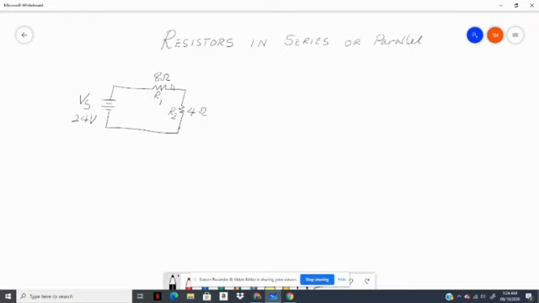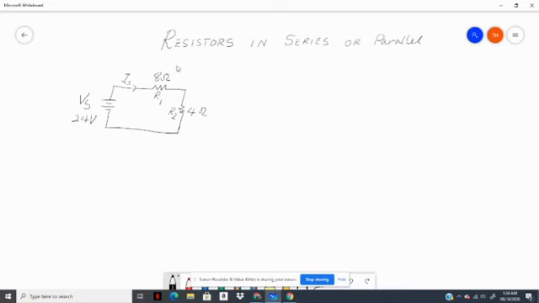Okay, so let's say we wanted to find out what is the total current in the circuit, the current supplied by the voltage source, which we can label as I subscript S, I supply.